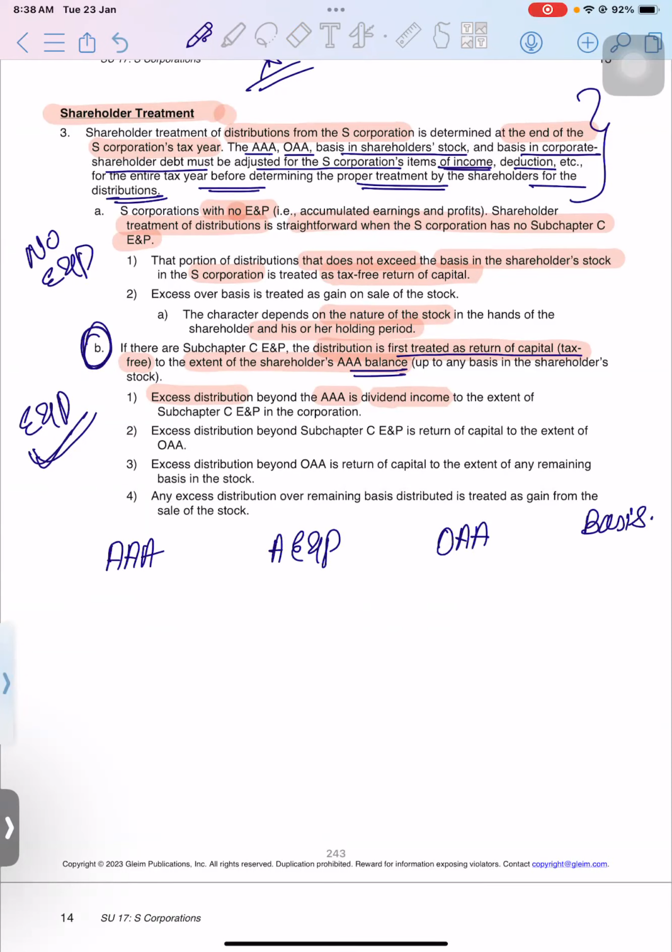So let's take an example. The basis of stock was 10,000, accumulated ENP had a balance of 5,000, and OAA has a balance of, let's say, 3,000.